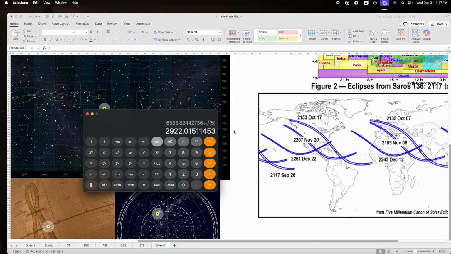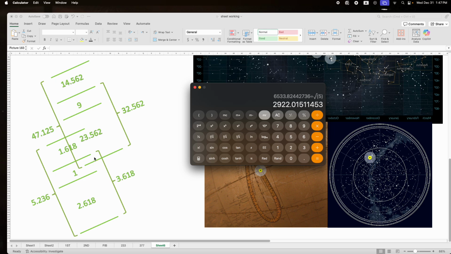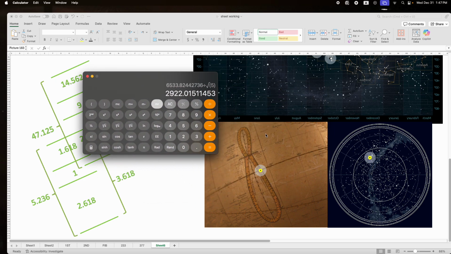So again, remember the Inex goes from one hemisphere to the other. So we're going from one side of the crossing point to the other side of the crossing point.